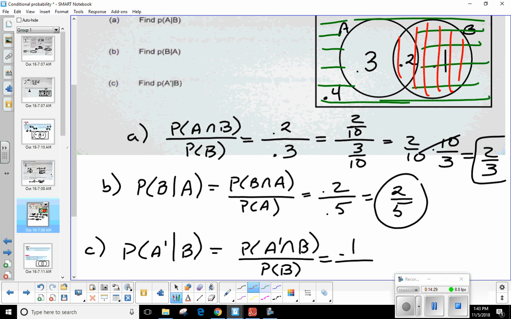And what is the probability of B? 0.3. So 1/10 over 3/10 gives me 1/3, or as a decimal 0.3 repeating, or 33.3%.